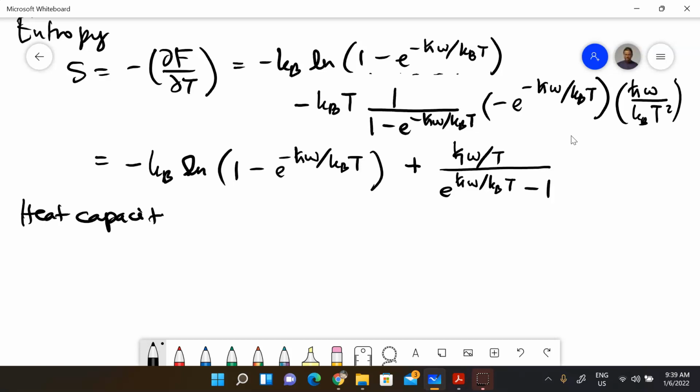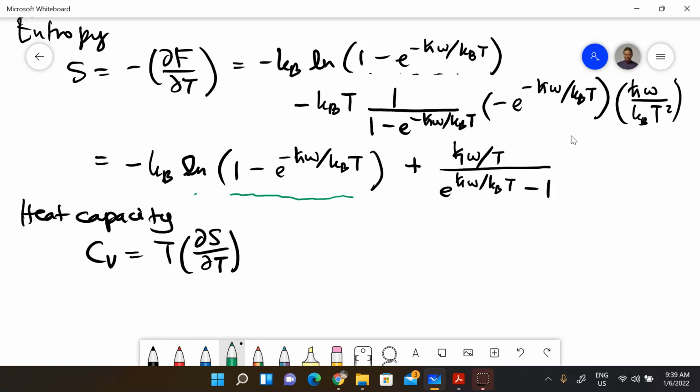Remember, heat capacity is T times partial S partial T. So here again, one needs to differentiate this part inside your log, and then differentiate your numerator, and then differentiate the denominator.